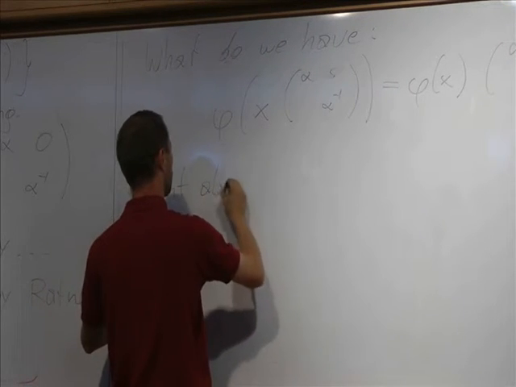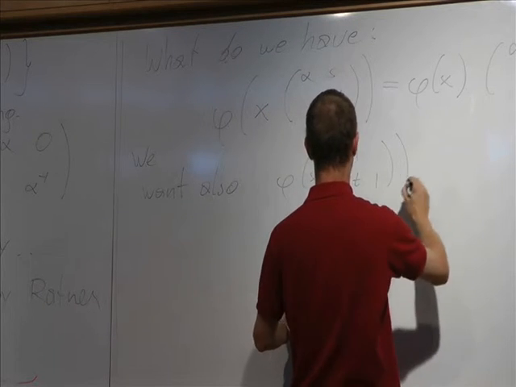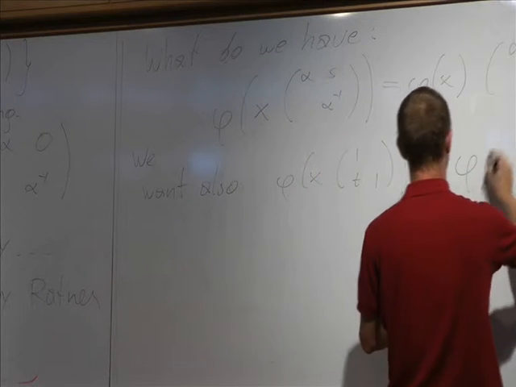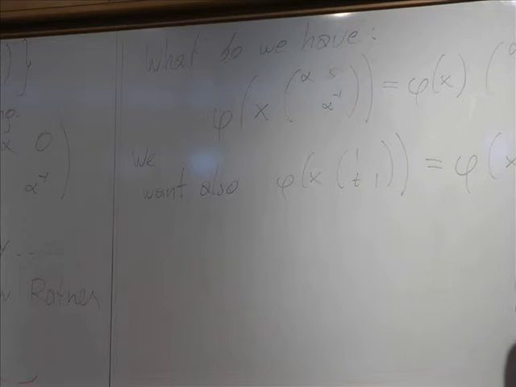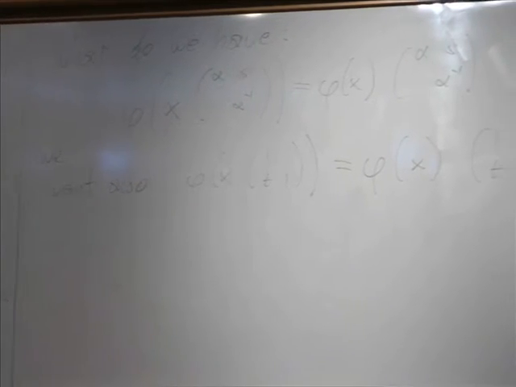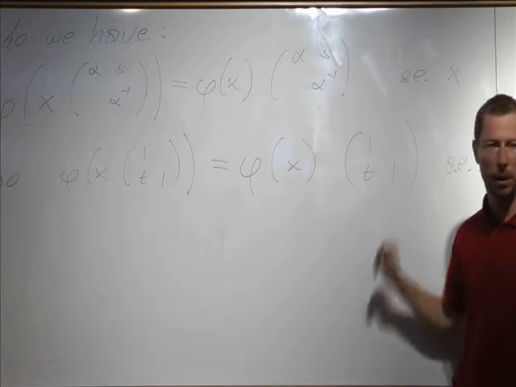We want also phi of x 1 t 1 equals phi of x 1 t 1, for almost every x. If we have that also, we have all three directions, and we can generate the whole group and have the statement that I wanted.